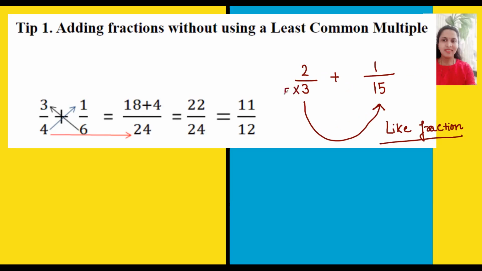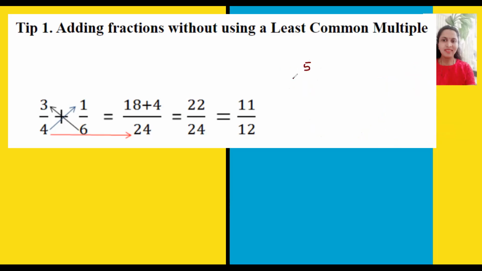So we can convert this into like fractions. So 10 plus 1, 11 by 15. This is an easier method whenever the denominators are different. Try to make the denominators the same by multiplying, because multiplication is easier. So by multiplying, change it into like fractions and then solve it. So the case becomes very easy.